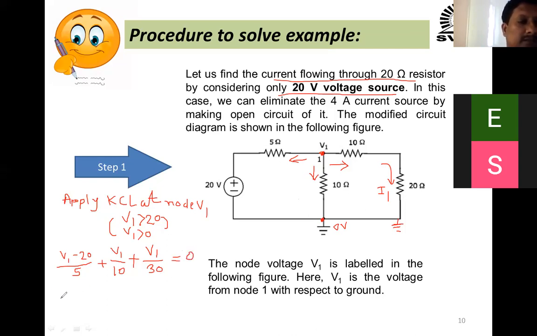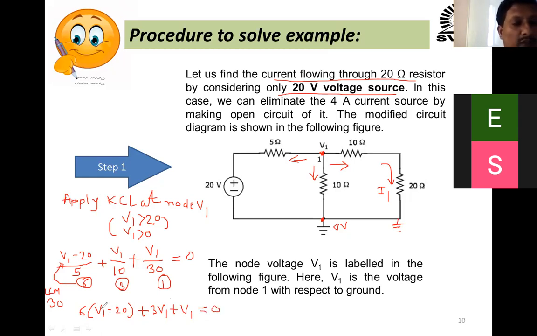So what is the LCM here? LCM you have to take as 30. So here multiply 6, multiply 3, multiply 1. Whatever I have written in the circle, you can multiply with respect to the numerator. So 6 into (V1 minus 20) plus 3 into V1 plus 1 into V1, divided by 30, but when it goes to the right hand side, multiply with 0, it becomes 0.